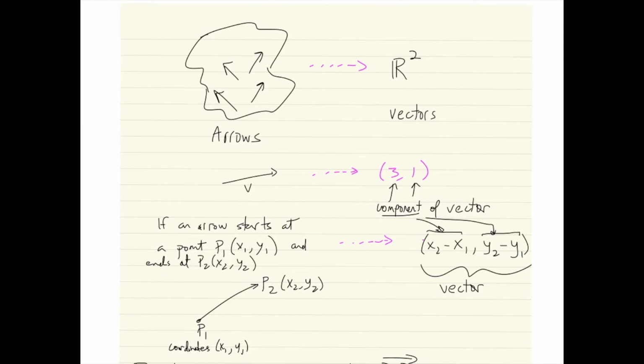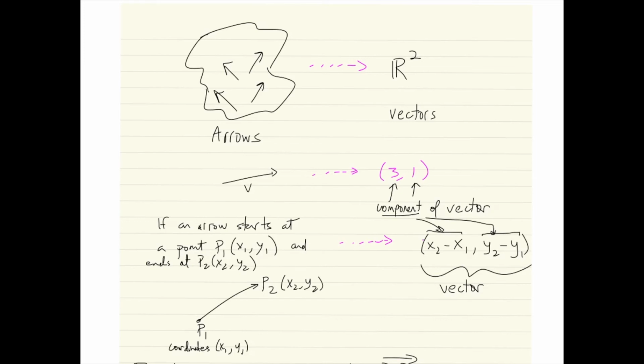The vector we want to assign to it is not x2 comma y2, because this vector doesn't start at 0, 0. Instead, what we want to assign to it is x2 minus x1. That's going to be the x coordinate, if you will, or the first component. And then the second component is going to be y2 minus y1.